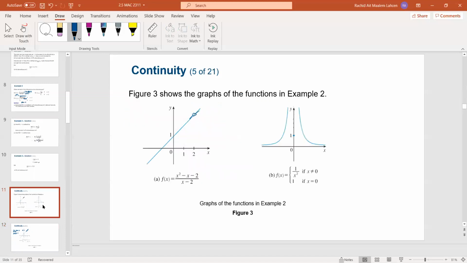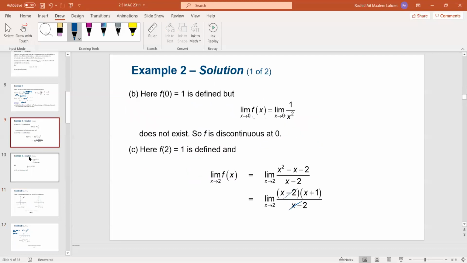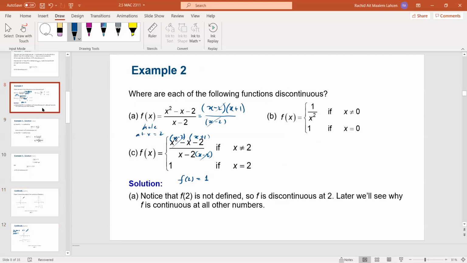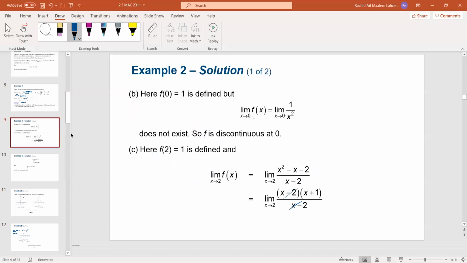All right. So let's look again at this example here. So the limit of this does not exist, right? Some people would say, well, it is infinity, because it goes up.